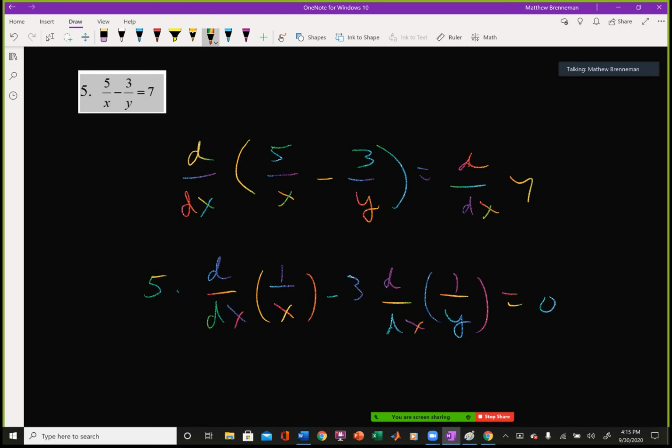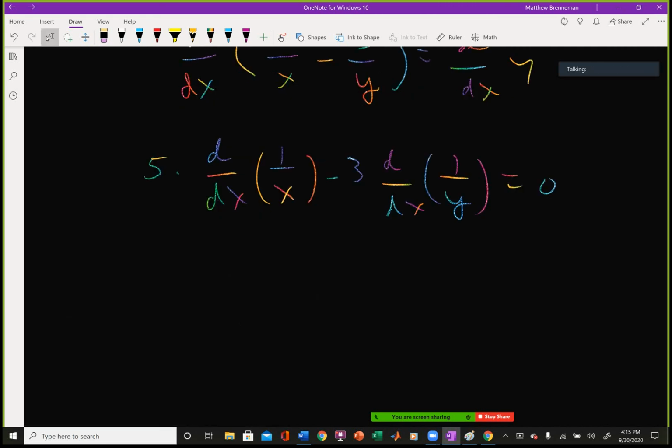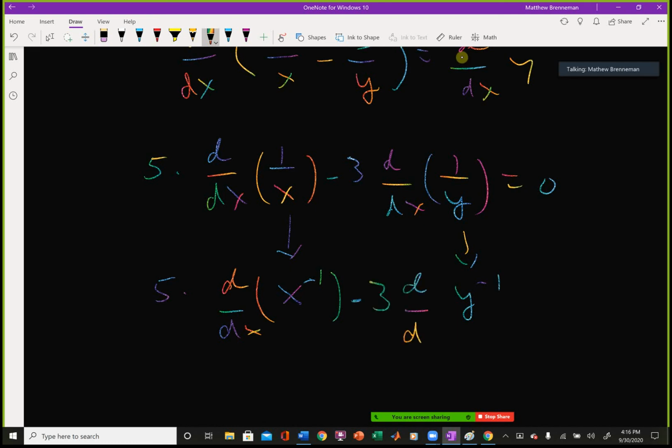How do I deal with the derivative of 1 over x with respect to x? How am I going to do that? Well, hopefully you recognize that this is a reciprocal power. So I'm going to want to write this as x to the minus 1. And so using that insight, I'm going to want to write this as y to the minus 1. Okay? So I'm going to take d dx of x to the minus 1 minus 3 d dx of y to the minus 1.